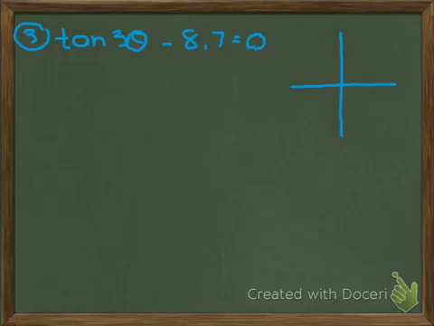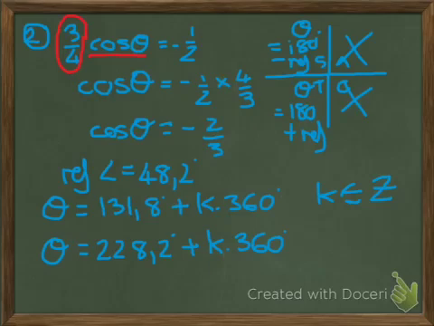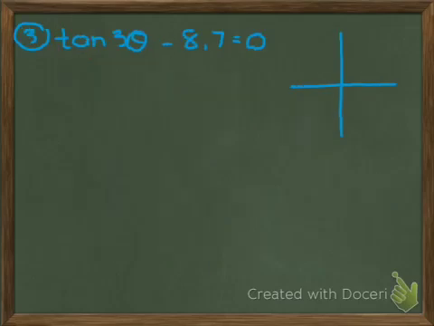Right, in this next example, I want you to notice, just look at this carefully. 3 theta minus 8,7 is not in brackets. Go back and look at the previous page. Here, not really an issue. Your 3/4 was in front, so it was 3/4 times cos theta. Here we've got tan 3 theta minus 8,7.